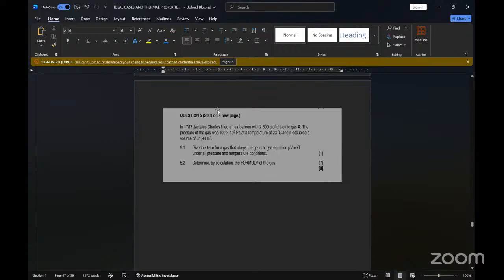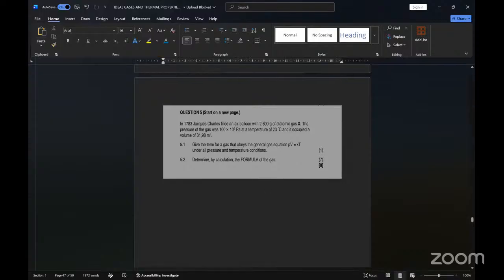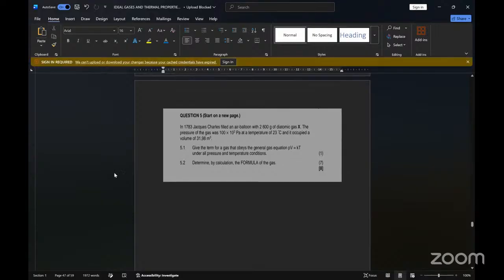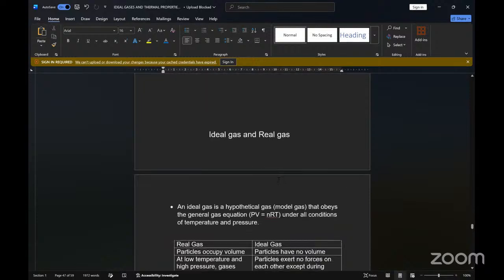Because you are given a certain mass, the pressure and the volume, you do the calculation and then you calculate the molar mass. Based on the molar mass, I think the gas is hydrogen. I think the answer is 2. I did the calculation earlier on, I don't know where I left it, but it's similar to the other one. So again, we don't have to waste our time too much.